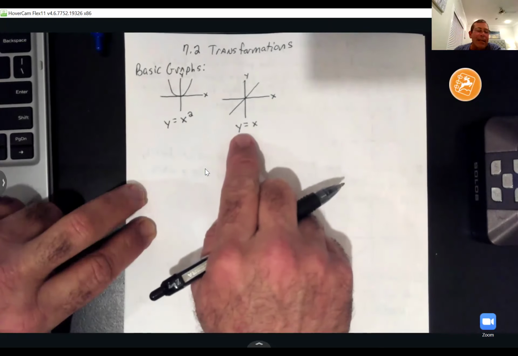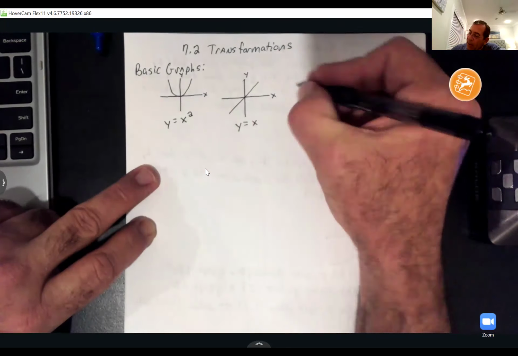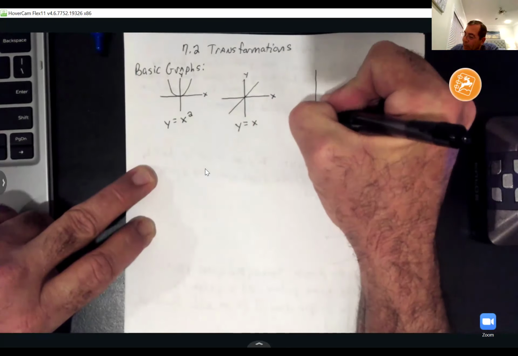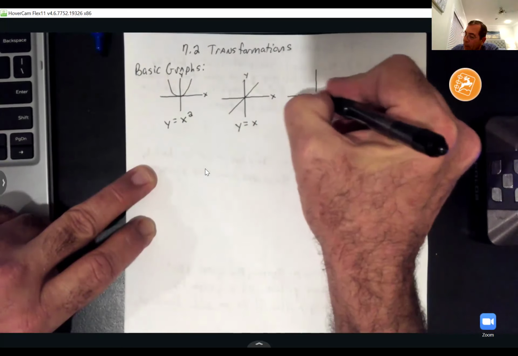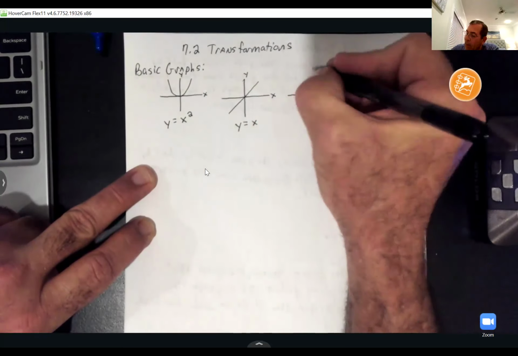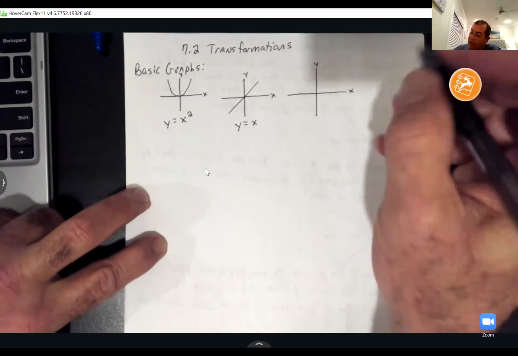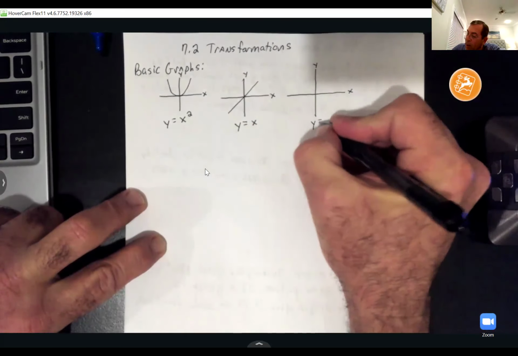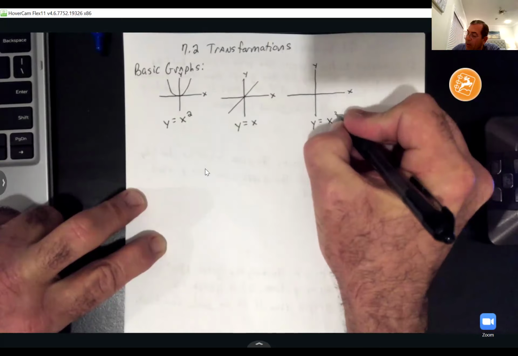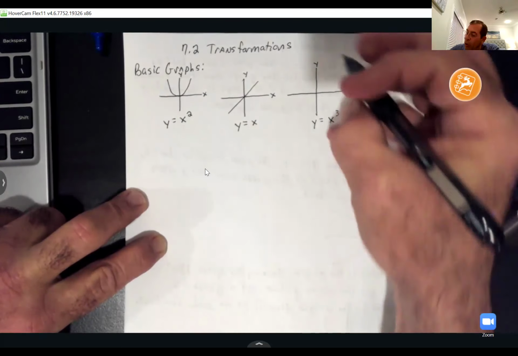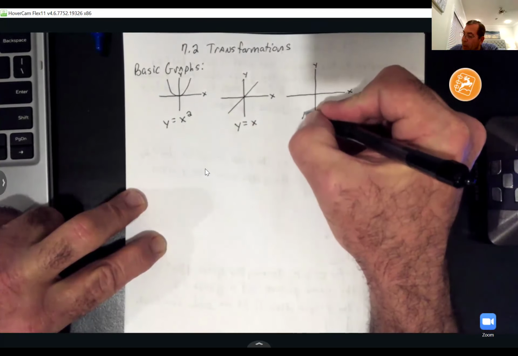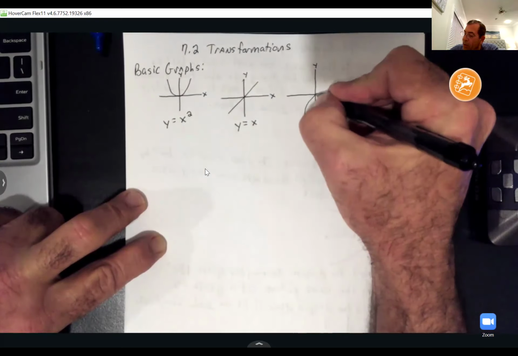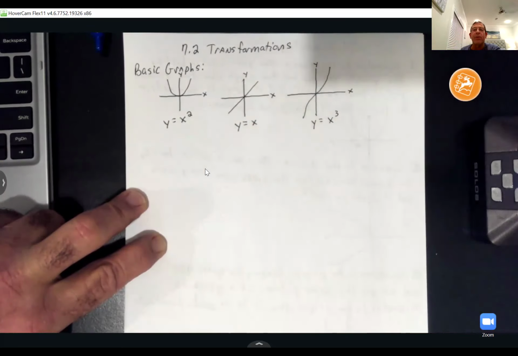But that's the basic line graph. The third one is my cubes, y equals x to the third. The cubes come up, cross through the center, and then head uphill to the right.